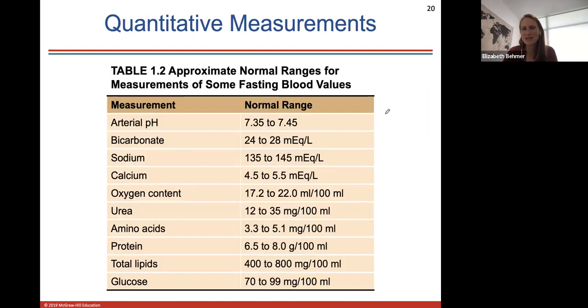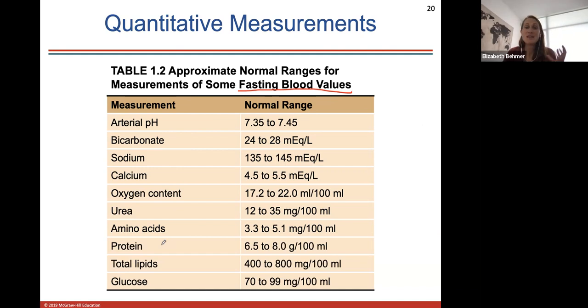These are approximate normal ranges for measures of some fasting blood values. You usually take a blood test at a clinic when you've been fasting so that your food doesn't affect your blood sugar or your temperature or anything like that. These are normal ranges of pH, bicarbonate ions, sodium, calcium, and the rest.